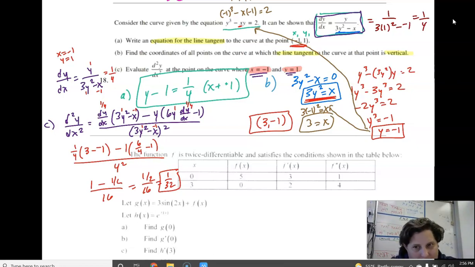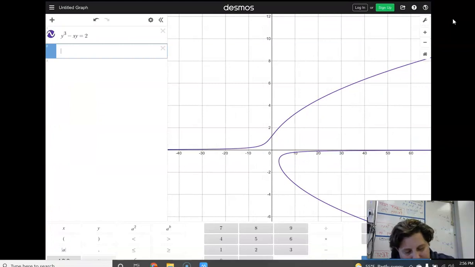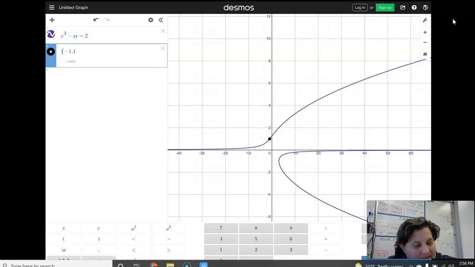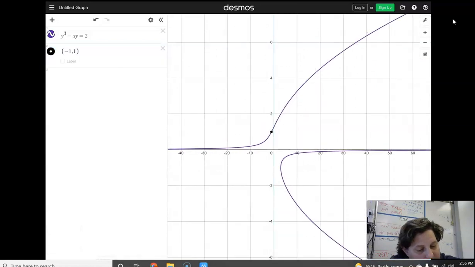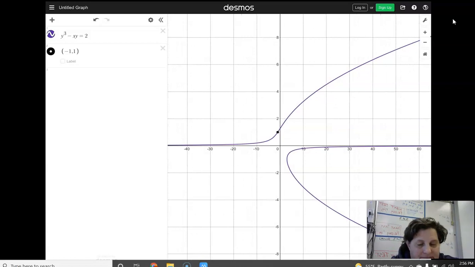Okay. So what's that saying? Well, it's saying that at the point (-1, 1), looking at this graph again, just to see what we're talking about, at that point right there, the slope is 1/32.